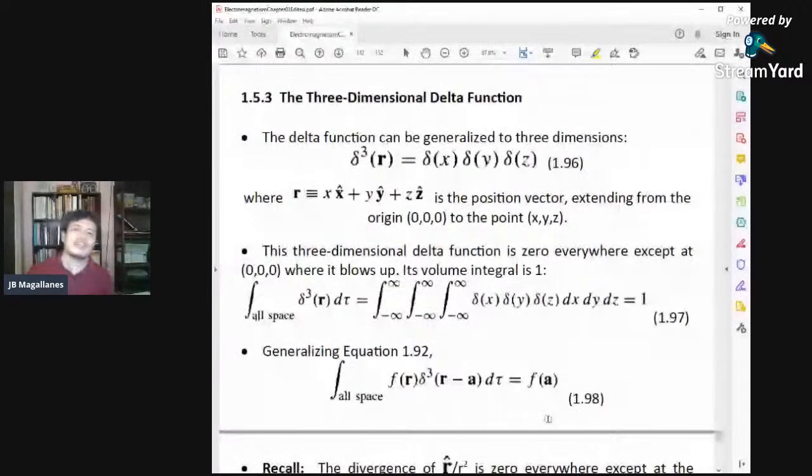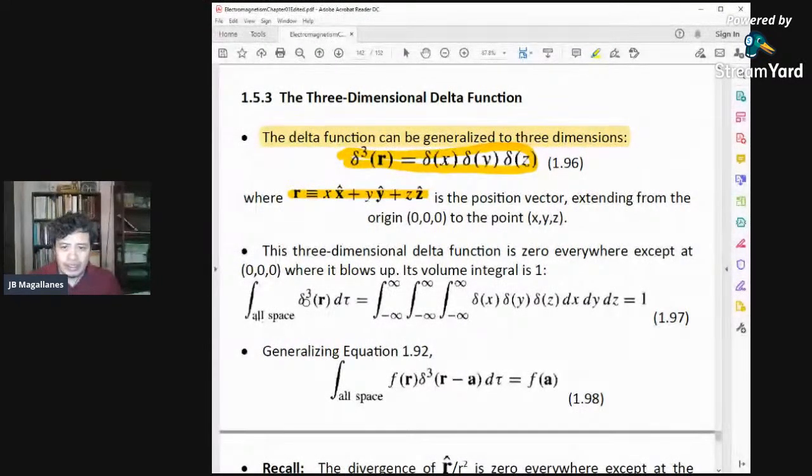So we generalize the Dirac delta function into 3 dimensions, and the Dirac delta function can be given by this product. The Dirac delta function in 3 dimensions is now a function of a vector r, where r is of course equal to x x hat plus y y hat plus z z hat, and this is just equal to the product of the 3 Dirac delta functions.